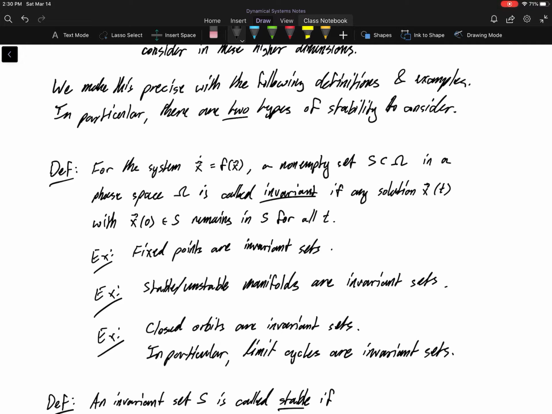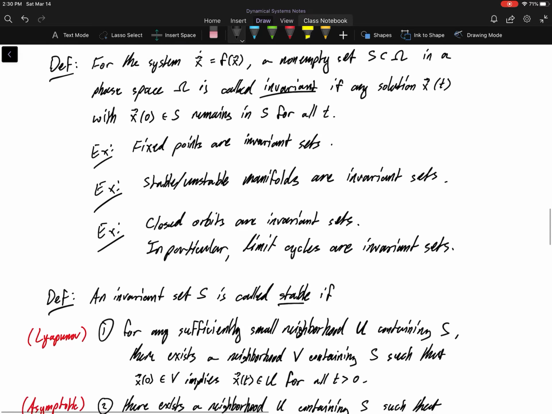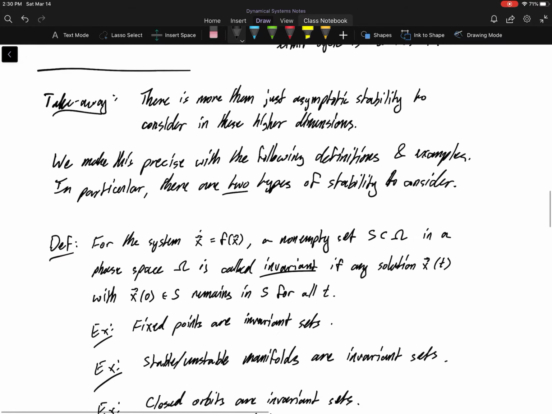These are all the initial conditions that either flow toward or flow away from a given fixed point. So if you are going to start on a stable manifold, you are sure going to stay on that manifold, right? Nothing's going to make you deviate away from your target, which is the fixed point that you're flowing toward. You could also have closed orbits as invariant sets, right?